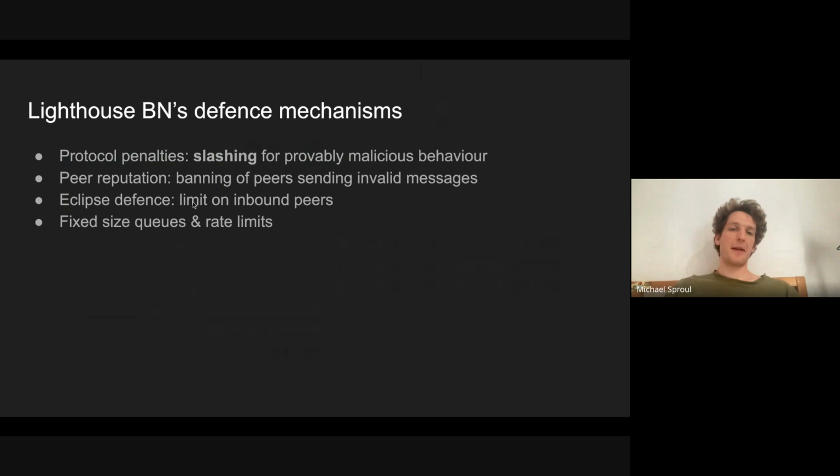And then another thing that's come in handy a few times for us, but is also a bit of a double-edged sword, is that we have some fixed size queues and rate limits for messages. So if Lighthouse is receiving heaps and heaps of messages faster than it can process them, these might be messages like attestations from validators on the network, it will queue them, and then eventually, once the queue is full, it will just start dropping them.